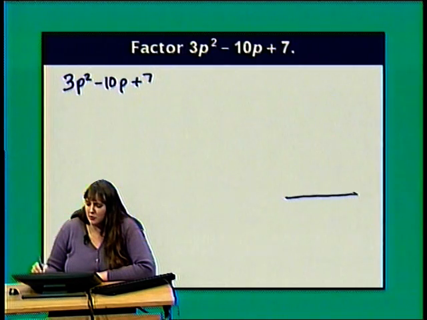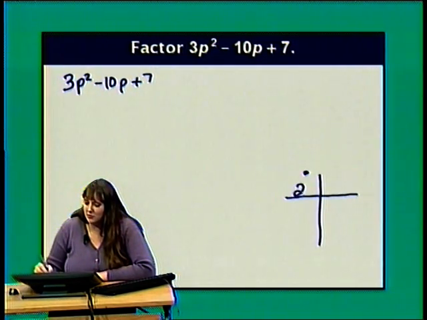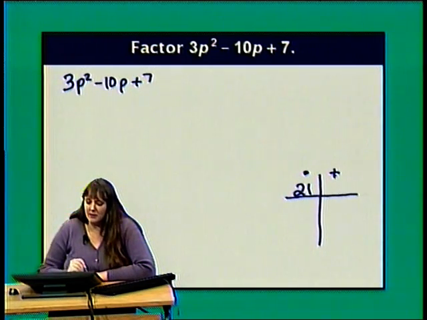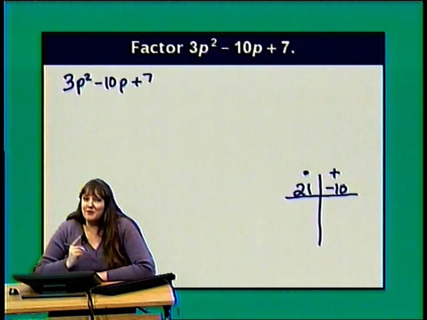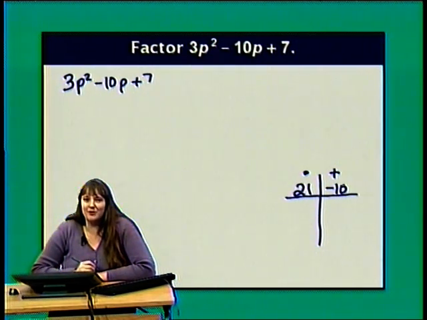If I factor by grouping, I'm looking for a product of 3 times 7, 21, and a sum of negative 10. Well, we've already discussed the fact that we're looking for a couple of negative integers that have a product of positive 21 so that they can add to negative 10. So we need two negative integers that have a product of positive 21 and a sum of negative 10.